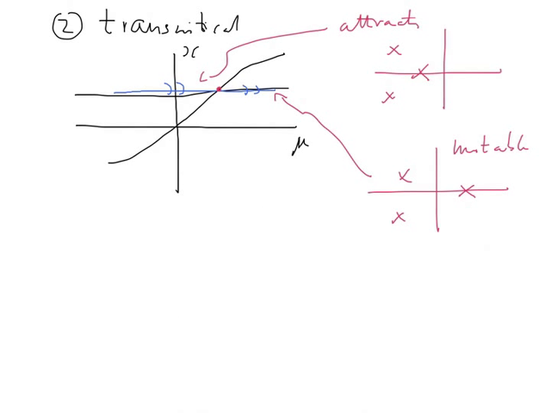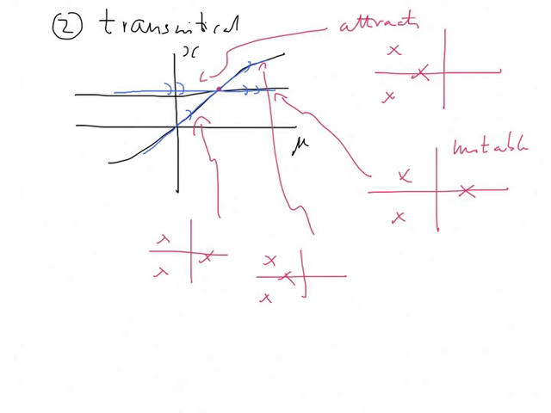So now imagine that I'm going along the other curve here. What's happening is that you would be doing the opposite. So you would be going from here, unstable, and then up to the attracting case afterwards.